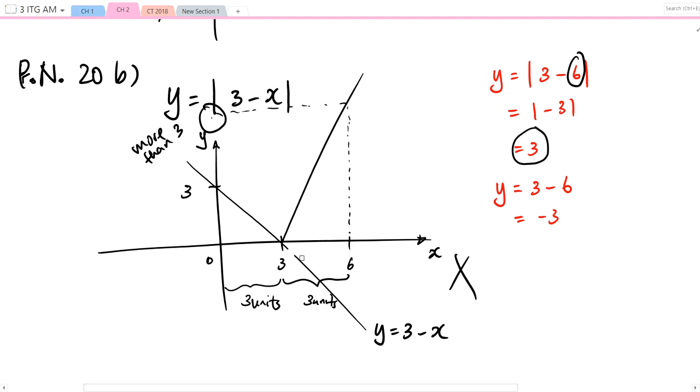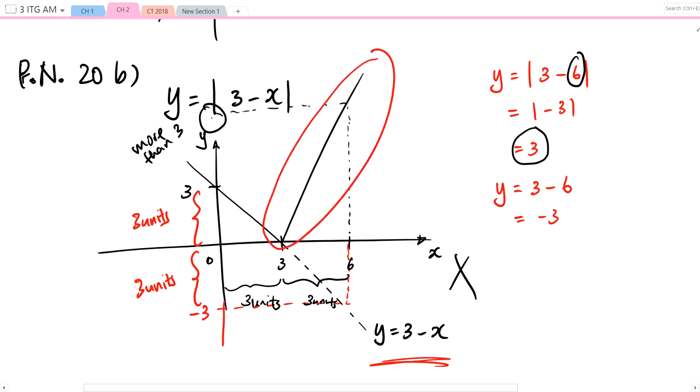So even if you had done this, you still wouldn't get the correct answer. But let's take a look at this portion over here. This over here is -3. Yeah, it seems to make sense. 3 units. Now here, 3 units. There is nothing wrong with this graph. The problem lies in the reflection upwards. It is not reflected properly.